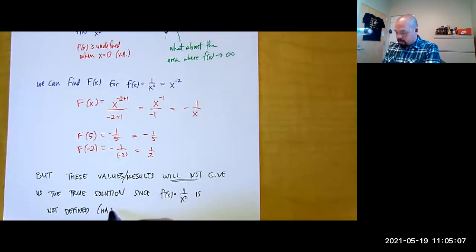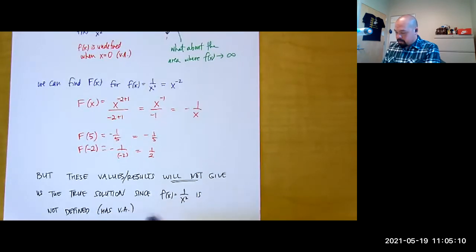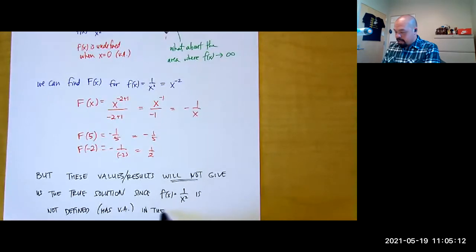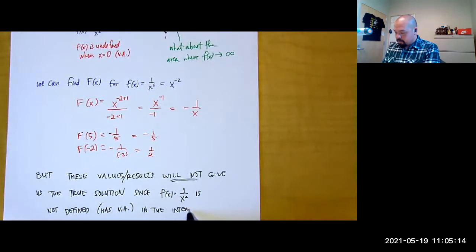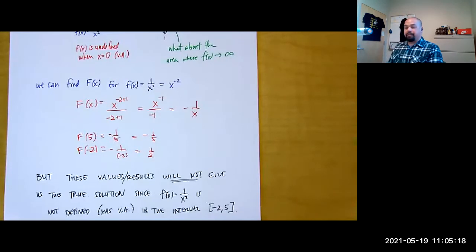It has that vertical asymptote in that interval, from negative 2 to positive 5.